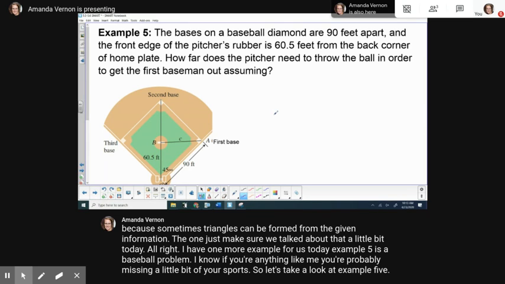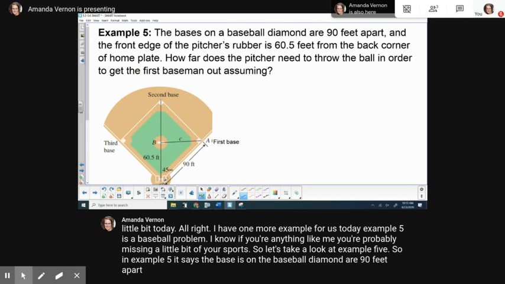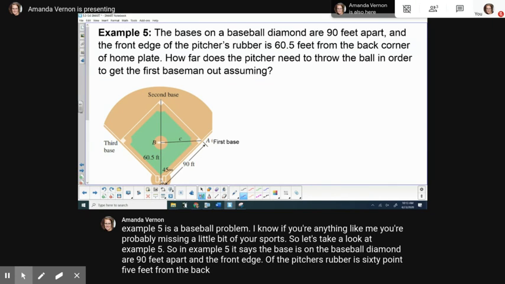So in example 5, it says the bases on the baseball diamond are 90 feet apart. And the front edge of the pitcher's rubber is 60.5 feet from the back corner. So from here to here is 60.5 feet.